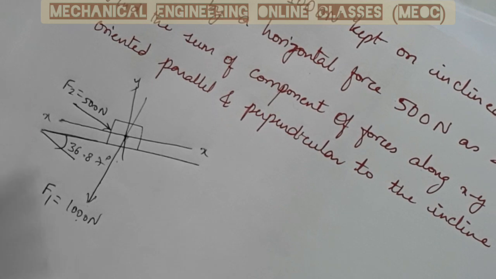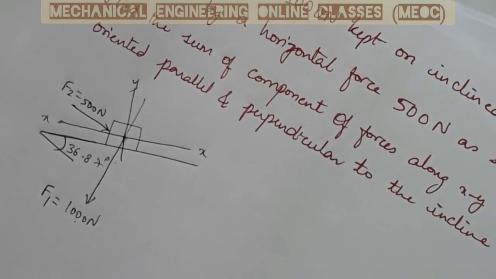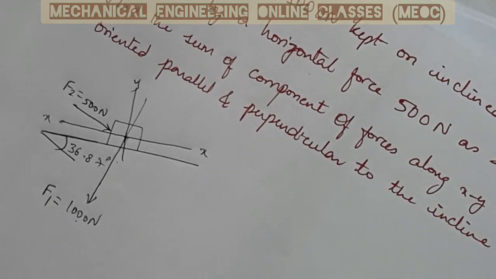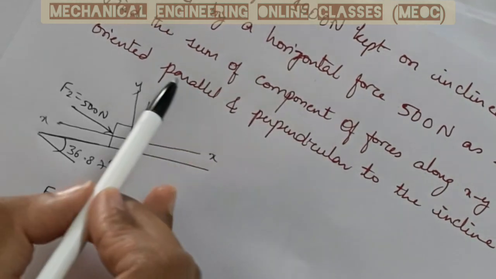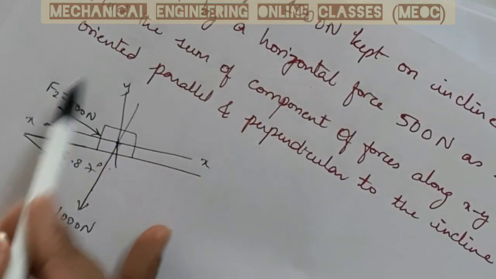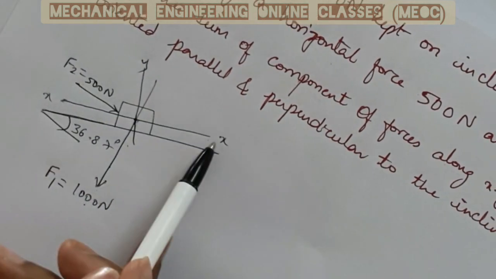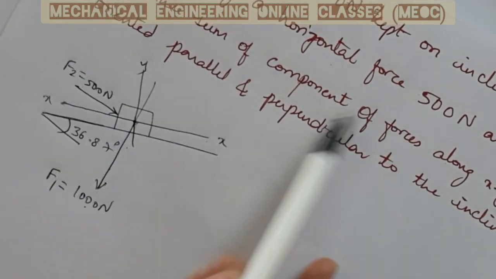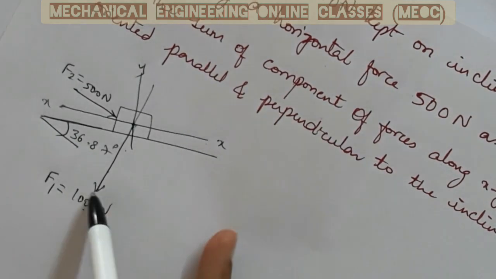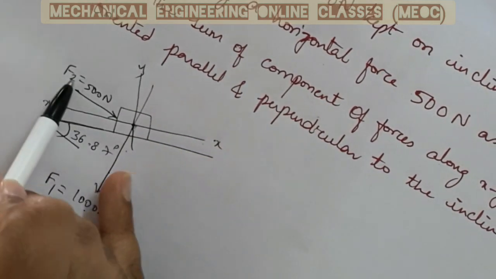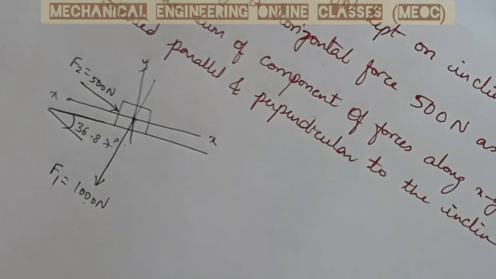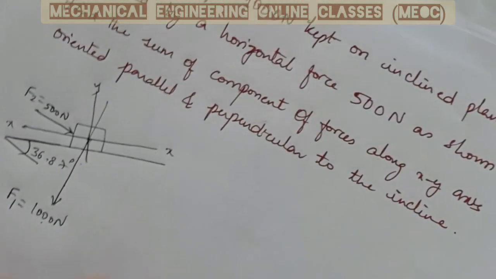They are different; we can only add them as vectors, not as scalars. So we have to find the component of F1 along x and the component of F2 along x, then see the summation. Similarly, we find the component of F1 along y and of F2 along y, then do the summation depending on the direction.